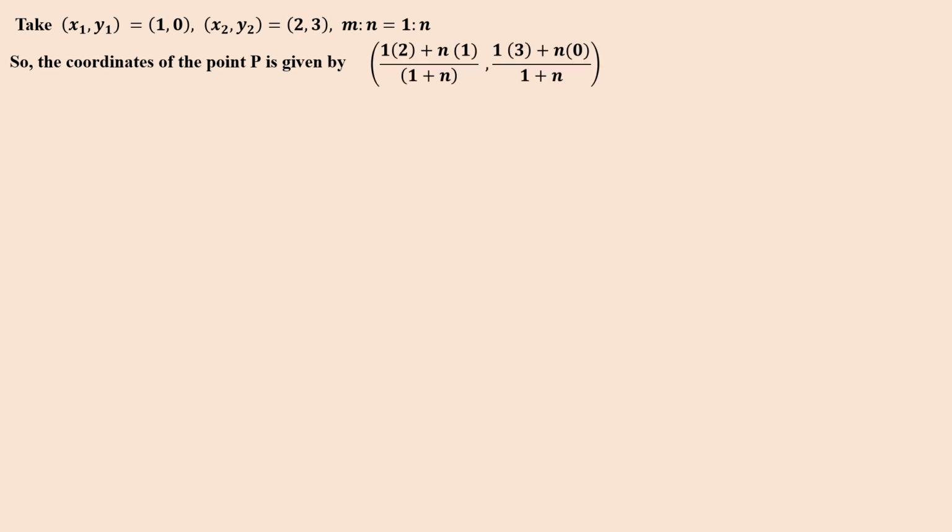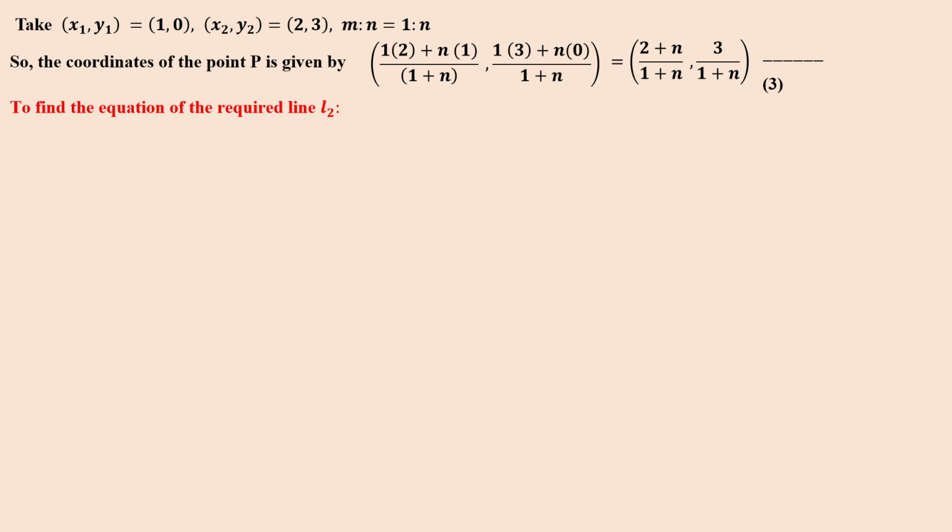So the coordinates of P are (1 times 2 plus n times 1) by (1 plus n), that is (2 plus n) by (1 plus n). Similarly the y term is (1 times 3 plus n times 0) by (1 plus n), that is 3 by (1 plus n). That is equation number 3.